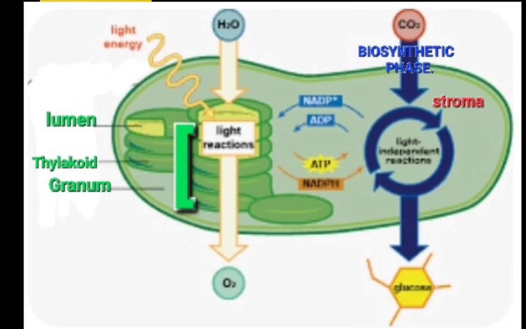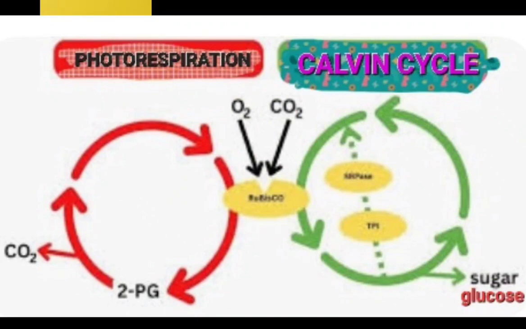Protons that are accumulated in the lumen diffuse into the stroma through an enzyme called ATP synthase. It uses the potential energy of the gradient to combine ADP with inorganic phosphate to form ATP. Thus, potential energy is transformed to chemical energy, which is stored as ATP.